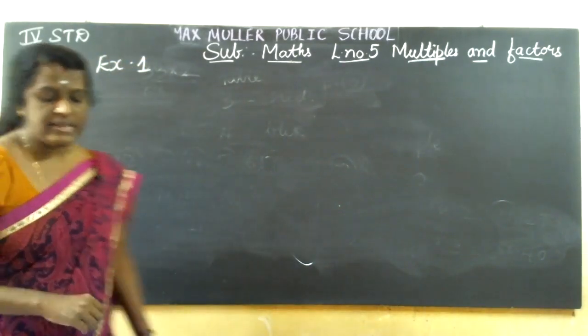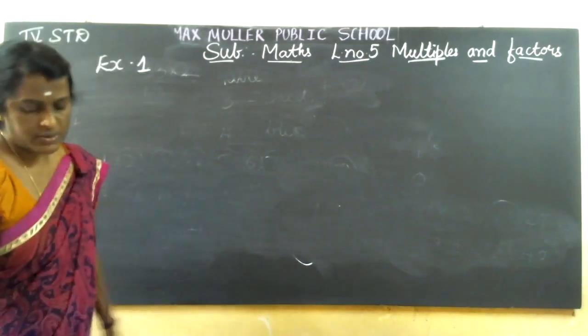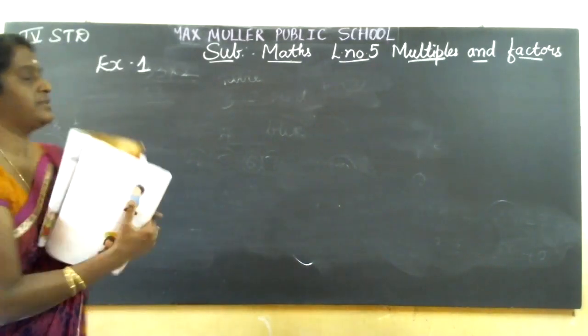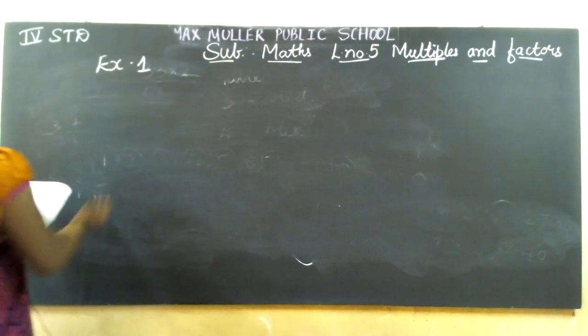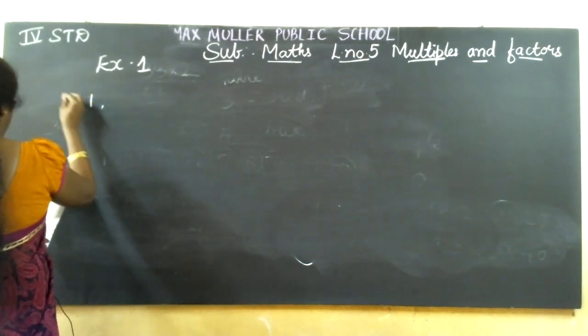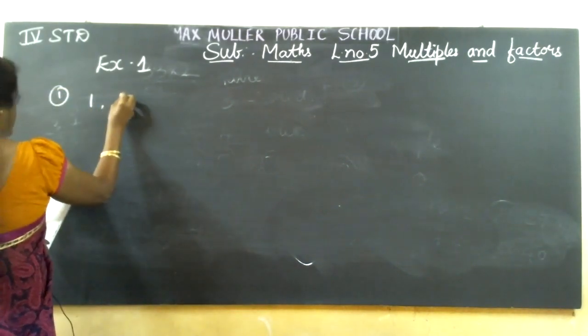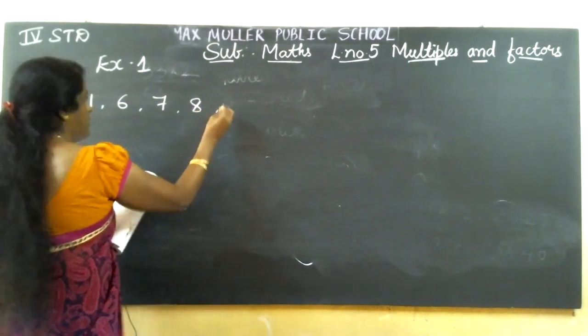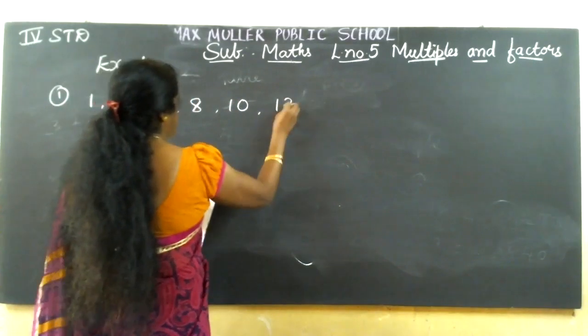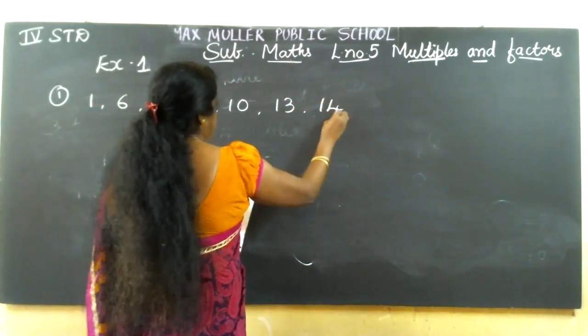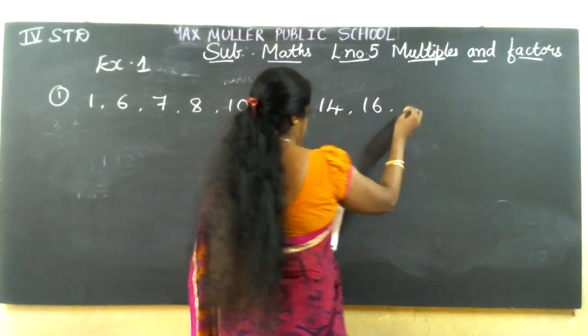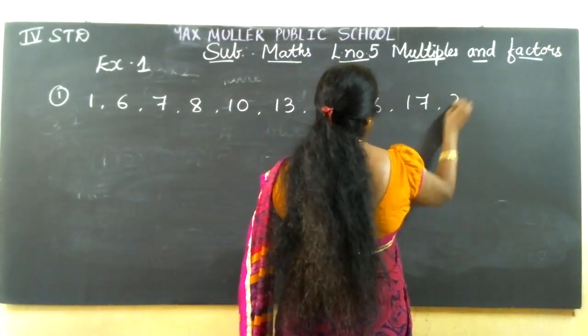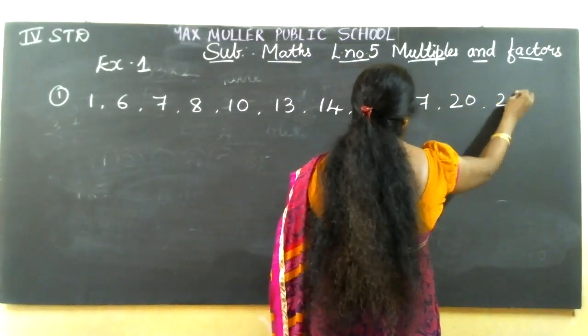Circle all the multiples of 7. Here the first one: 6, 7, 8, 10, 13, 14, 16, 17, 20, 21.